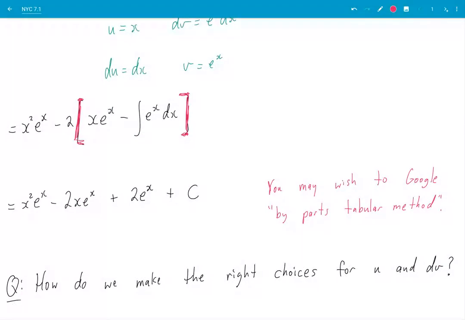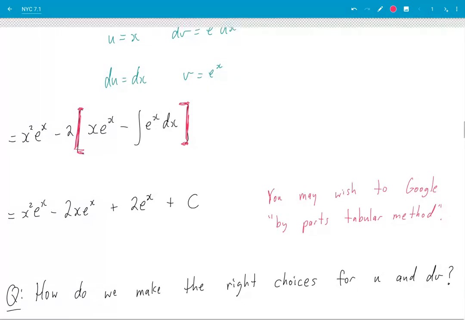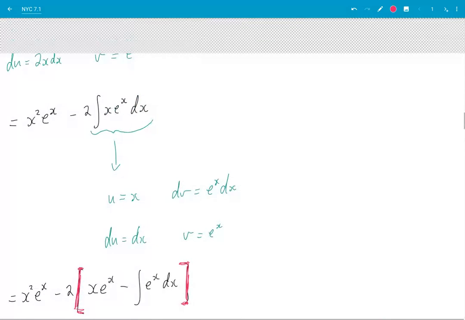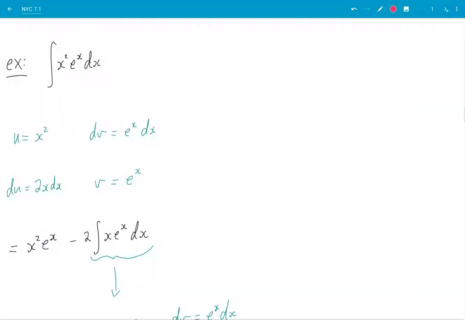Okay, I've been making choices seemingly willy-nilly, but there must be some method to my madness. First, I'll give you some motivation, which I've kind of given already. When you pass from the original integral to this new integral, okay, you want to see some progress.